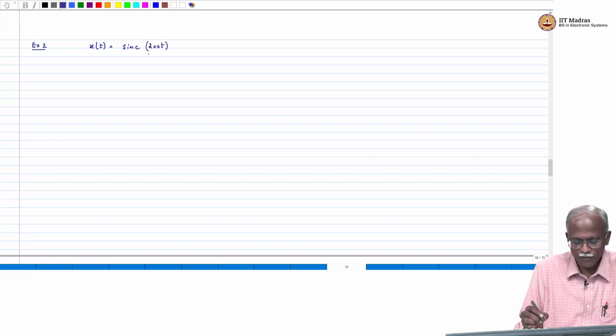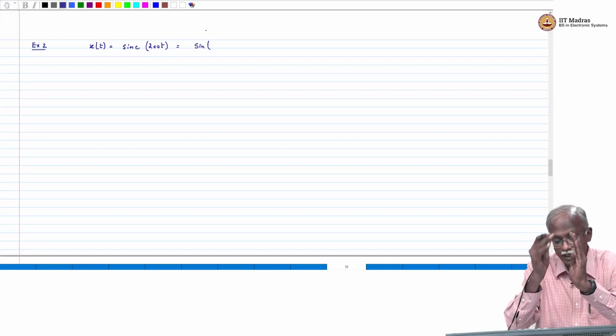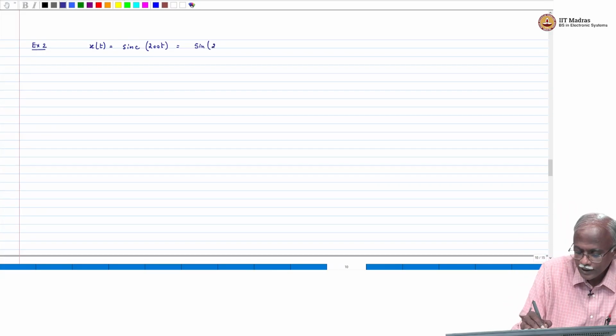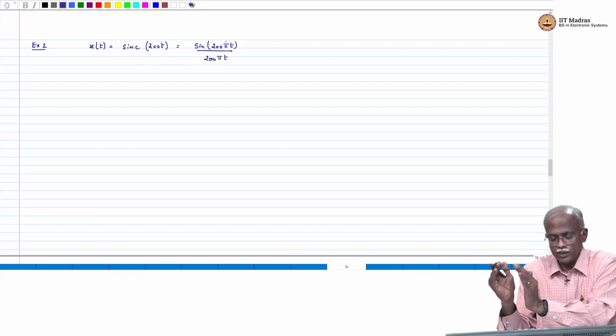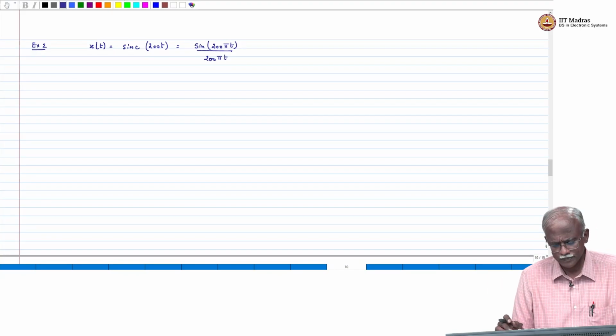Now, the definition of sinc is sine of the argument multiplied by pi, divided by the argument. So it is sine of 200 pi t divided by 200 pi t. This is what is compactly represented as sinc 200t.